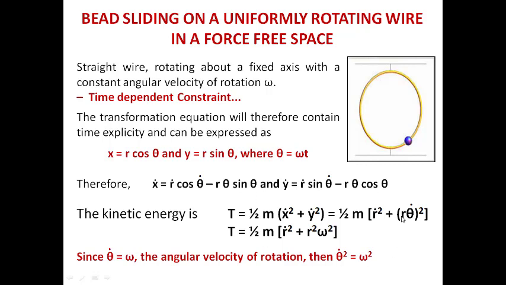So the result is 1 by 2 m times r prime square plus r square theta prime square. Here theta prime, the first order angular displacement, equals the angular velocity omega. So the final equation of kinetic energy is T equals 1 by 2 m times r prime square plus r square omega square. This is the kinetic energy of the bead sliding on the uniformly rotating wire in a force-free environment.